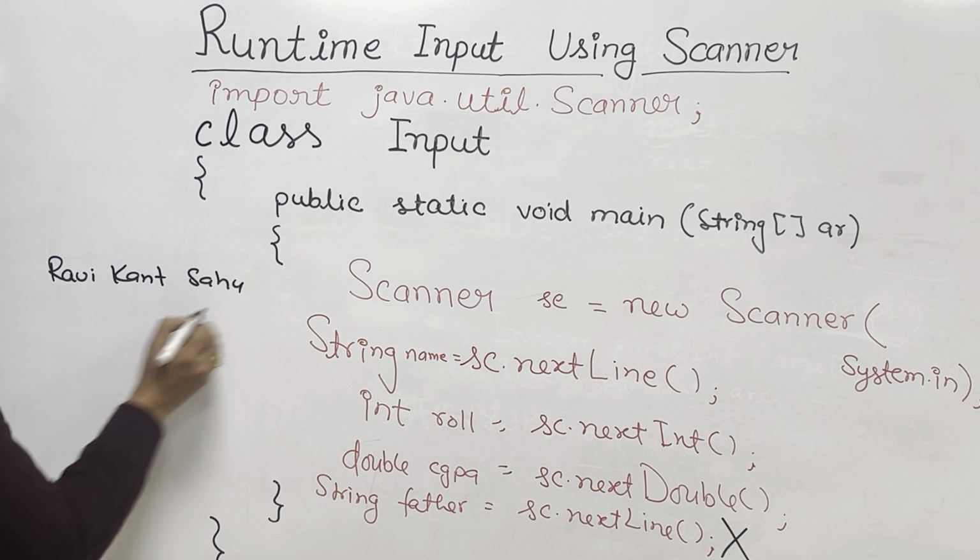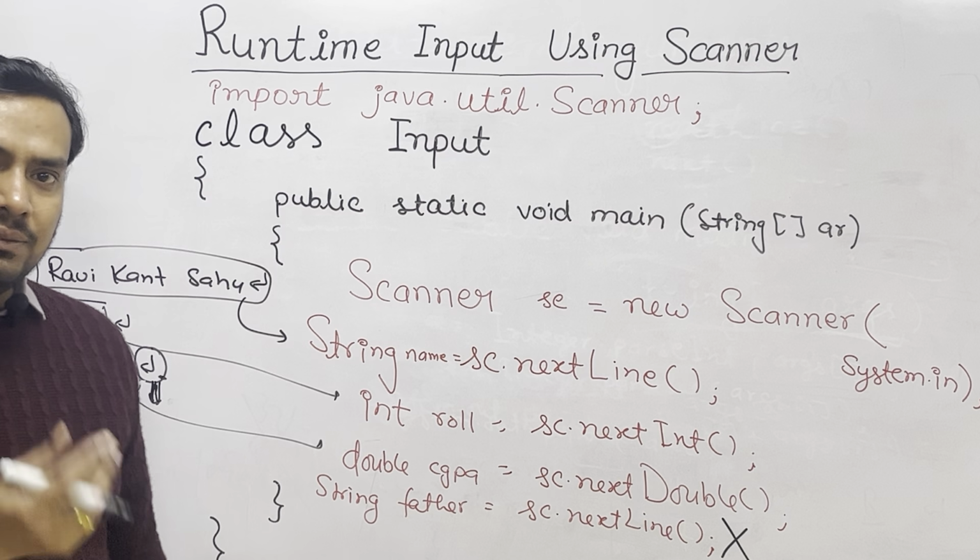Now, nextLine will read the name, then the roll number will be read by nextInt, then you write the CGPA, this will be read by nextDouble, and this enter, that is \n, is still in the buffer. Now, your next call is nextLine. So, when you call nextLine, it will read this \n from the buffer, because the \n is not read by the token based methods. All the methods are token based except nextLine.